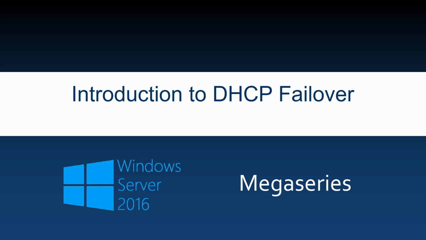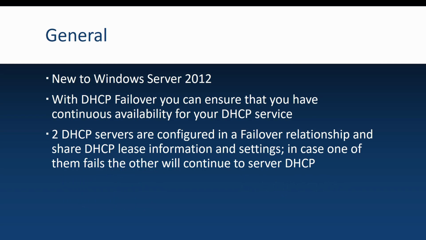In this video we are going to discuss DHCP failover on Windows Server 2016. DHCP failover first came out on Windows Server 2012, and with failover you can ensure that you have continuous availability for your DHCP service.